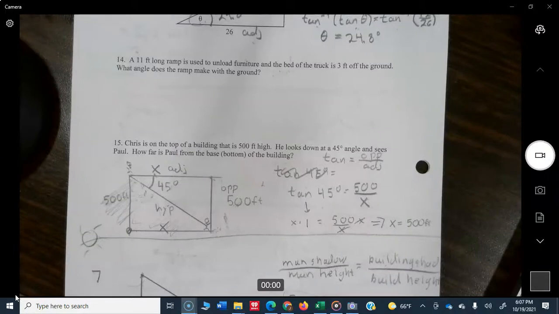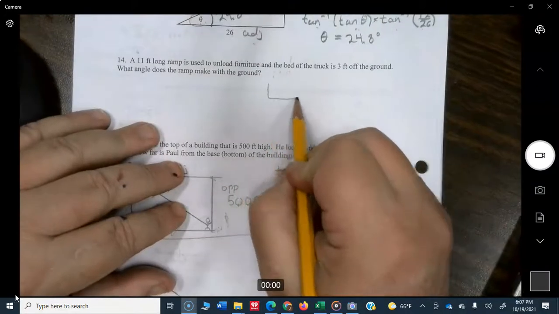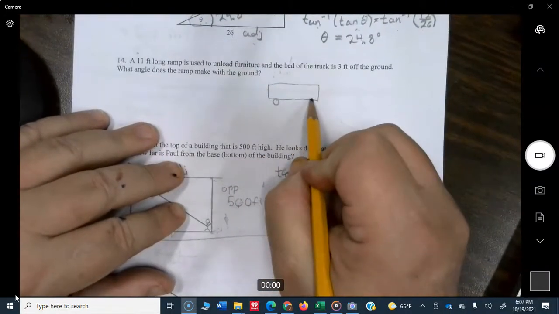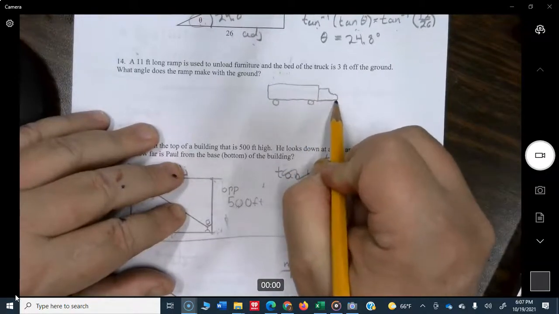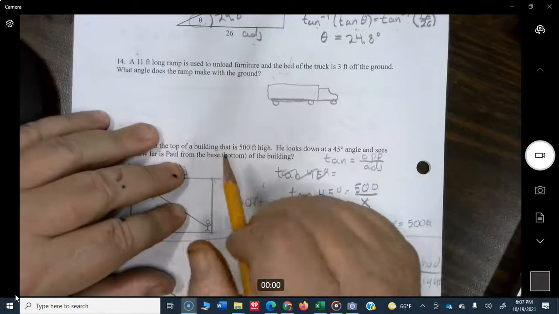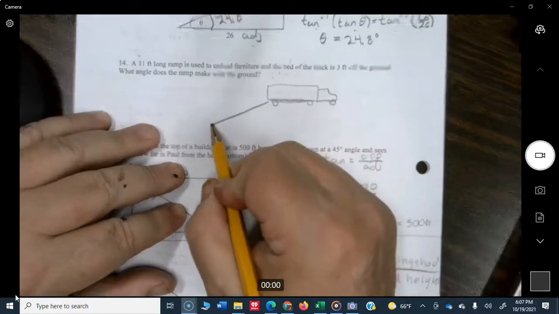Okay. An 11-foot long ramp is used to unload furniture, and the bed of the truck is 3 feet off the ground. What angle does the ramp make with the ground? So let me draw the truck. Some of you may not be familiar with what truck bed means. So here's the truck. The truck bed is basically the bottom of the trailer there. They're saying that that's 3 feet off the ground. So I'm going to draw the ramp.